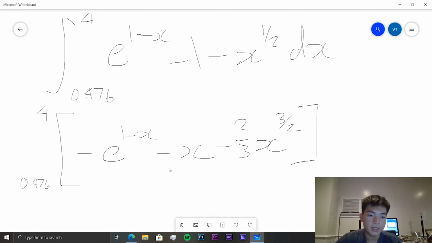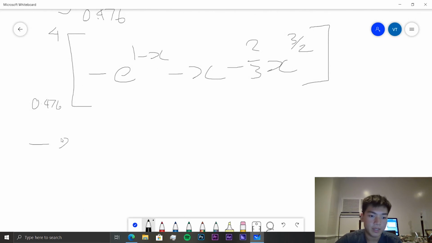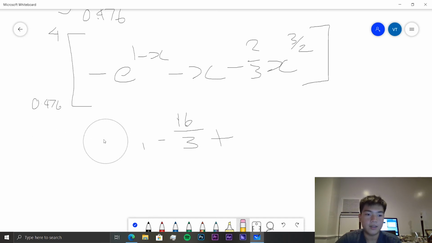So if we plug in these limits, we get negative e to the negative 3 minus 4 minus 2/3 times 8, so minus 16 over 3 plus, and if you want, you can solve for the exact values of each part for 0.476, but I'm just going to punch this into a calculator.